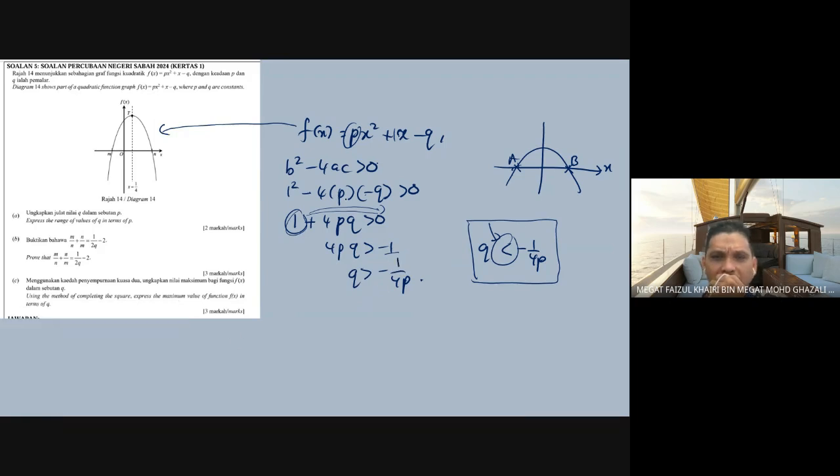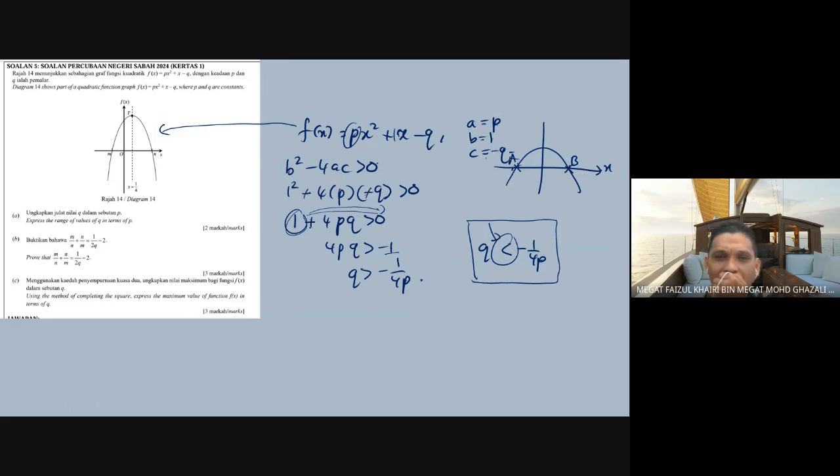Okay, let's see again. b squared minus 4ac, where now a equals p, b equals 1, c equals negative q. So 1 squared minus 4 times p times negative q.